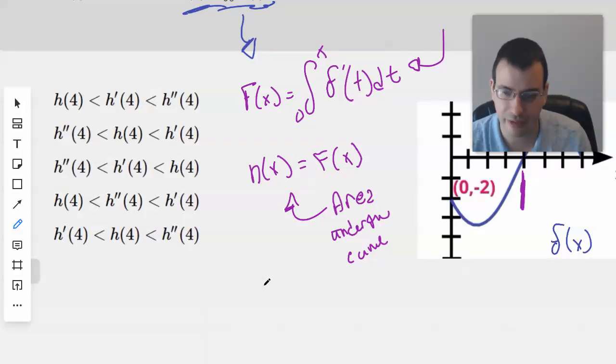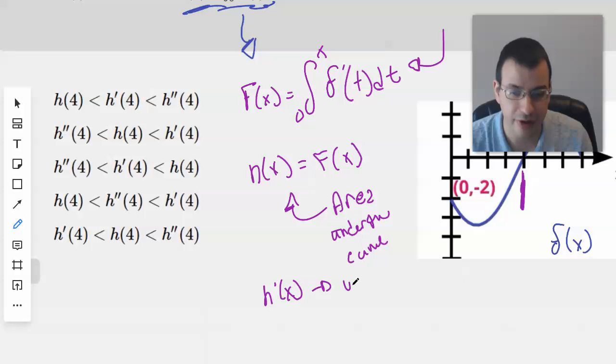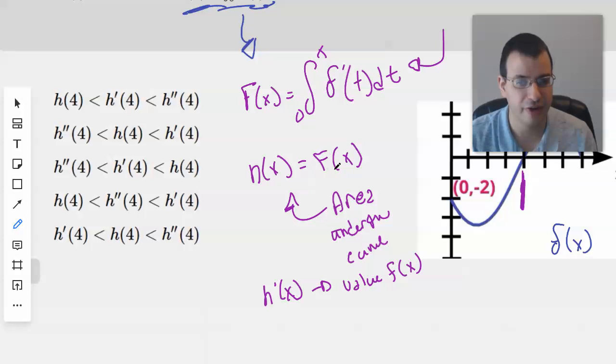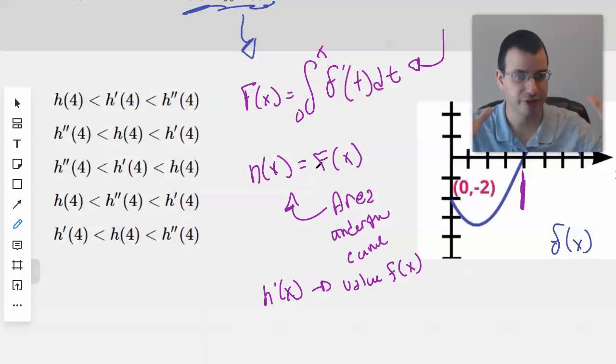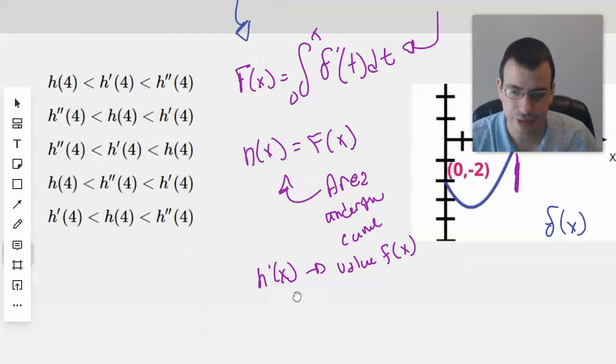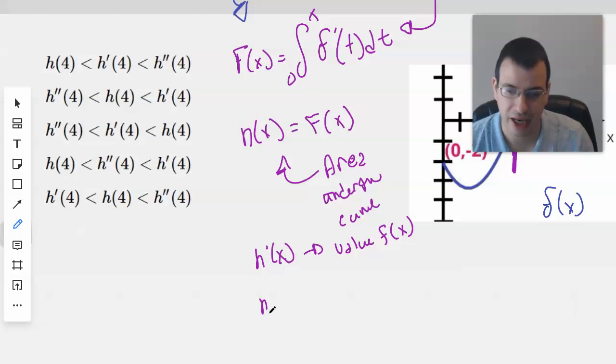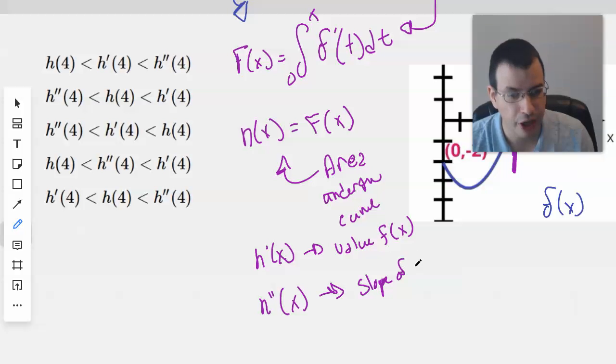H prime of x would then be the value of f of x, because if you take the derivative of the integral of f of x, you get normal f of x. And then h double prime of x would then be the slope of f of x.